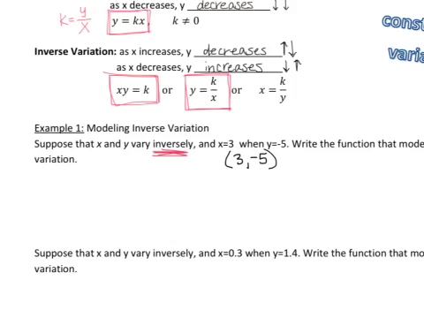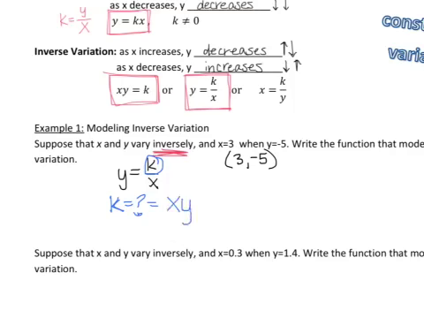Our equation for inverse variation is y equals k over x. We are going to finish this formula by figuring out what k is. We don't know k. What's the formula for k when we're doing inverse variation? x times y.